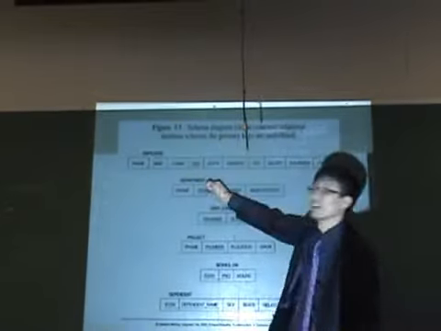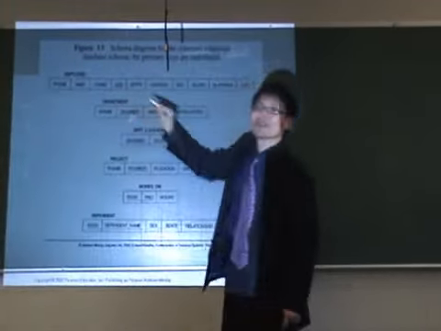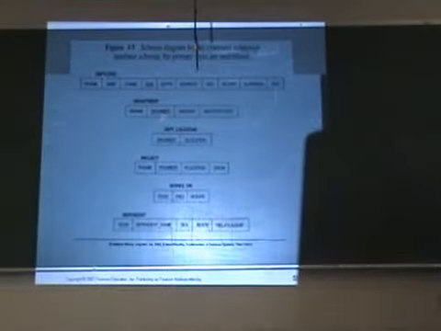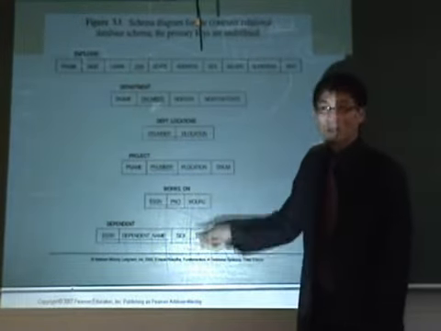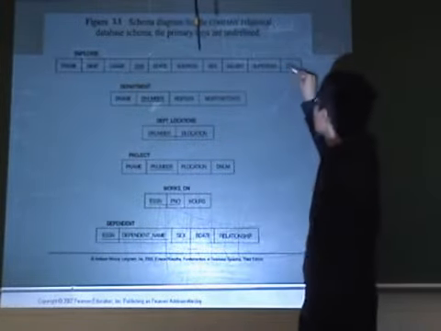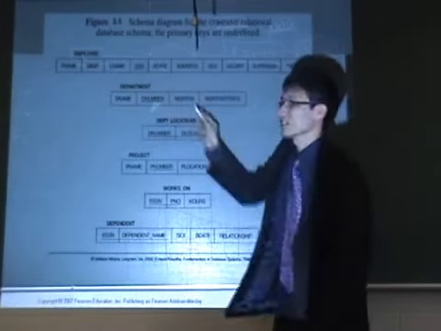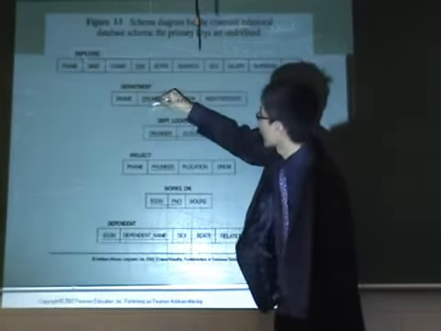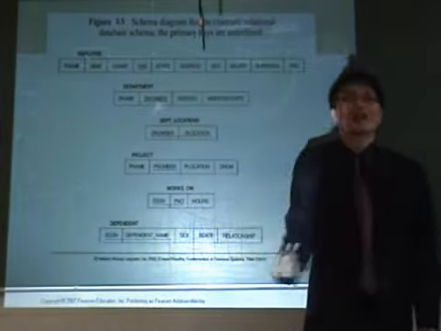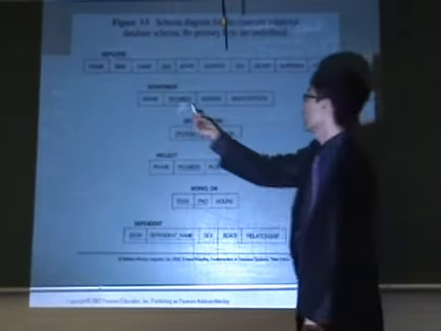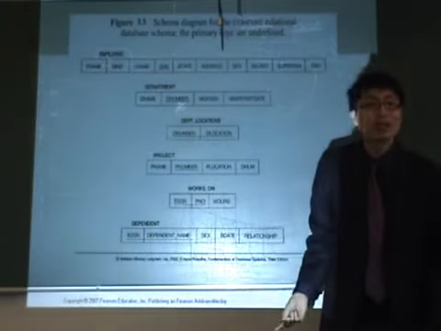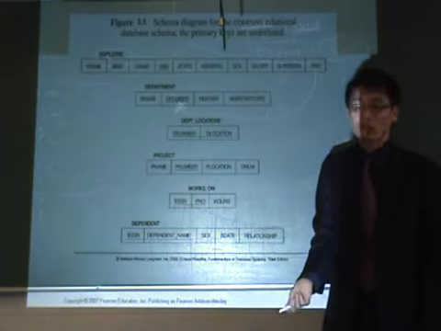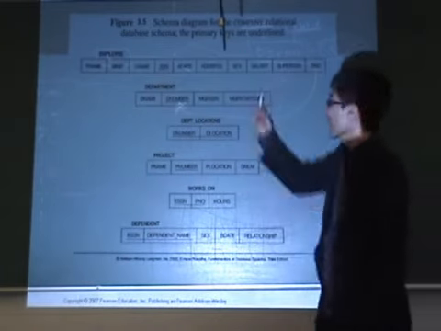Referencing and referenced. The referenced one should have the head of the arrow. Many students actually forget this in your exam. Students know which one is the referenced and which one is the referencing, but they forget about this. You should have the direction. Then we can realize this is the referenced one. The referenced one should be underlined. Why? It should be the primary key. Anything else?